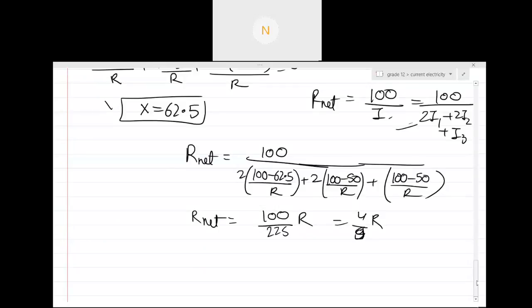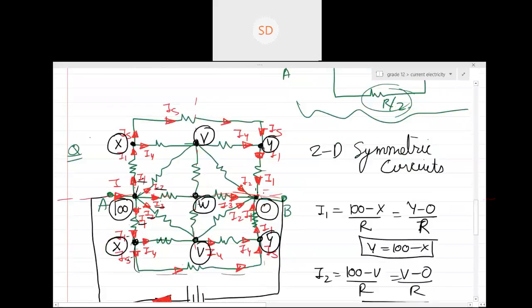And by the way, you can draw the SS as well, but I'm not going to draw the SS. So basically, your homework is to solve it using SS. Okay, how will you do it using SS? Can you see X, Y, V, W came to be at same potential, right? Remove this resistance and then draw the whole thing. V, W, and Y, they are one and the same.